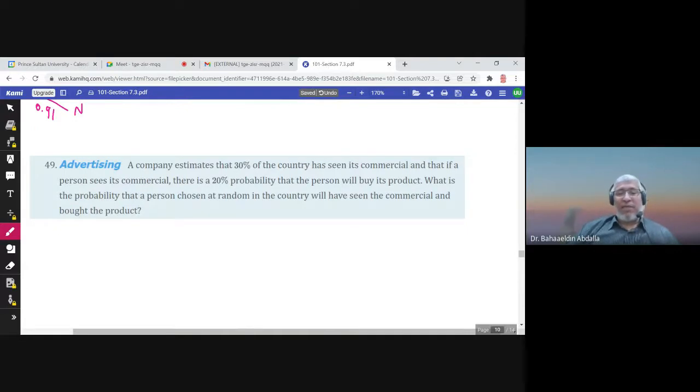A company estimates that 30% of the country has seen its commercial. So if we call this C, commercial, the probability of seeing the commercial is 0.3, 30%. And if a person sees its commercial, given that C, there is a 20% probability that the person will buy its product.